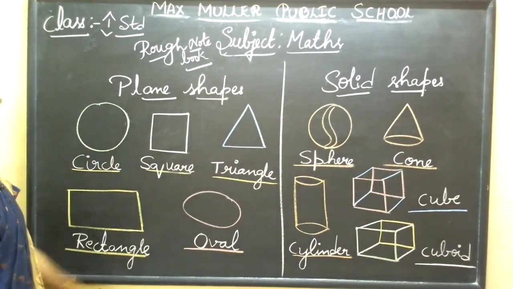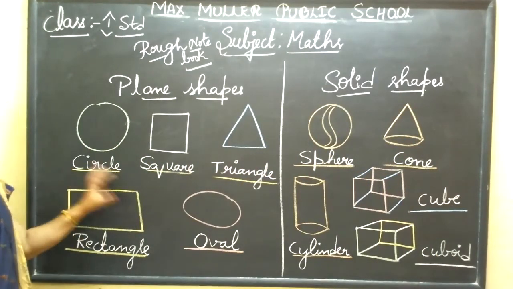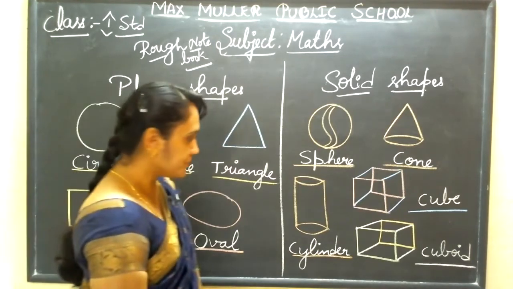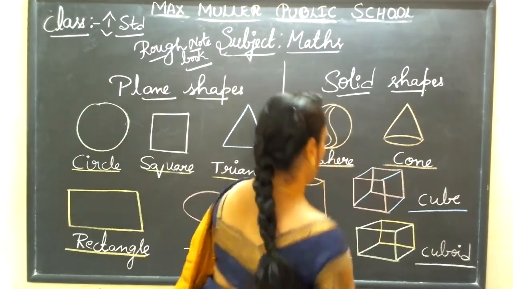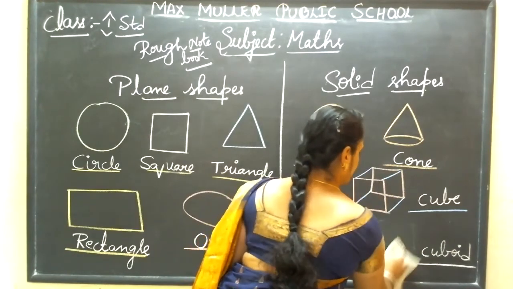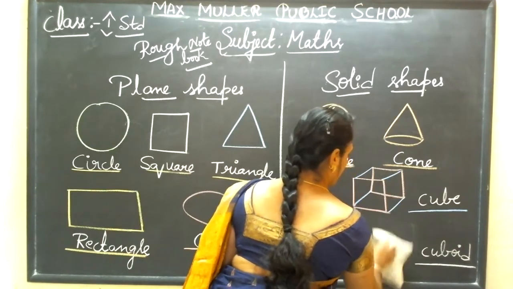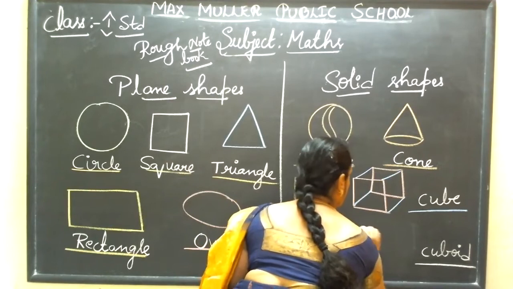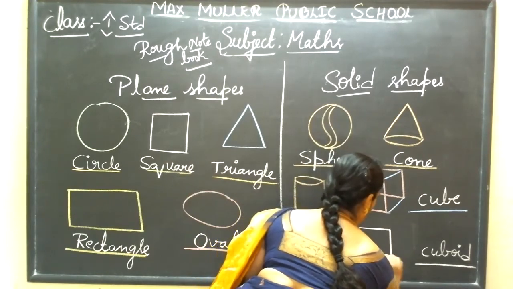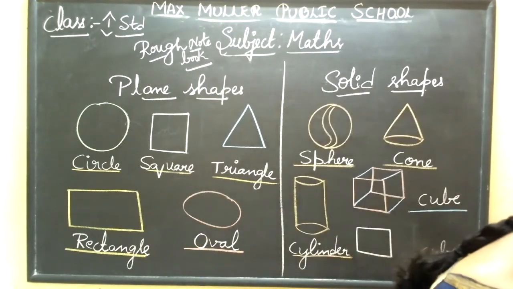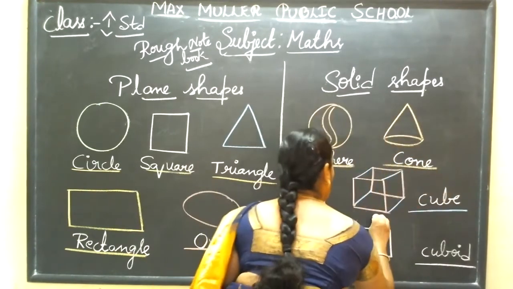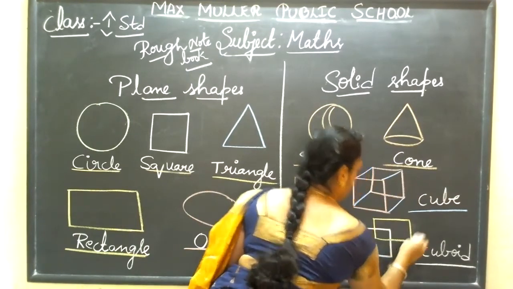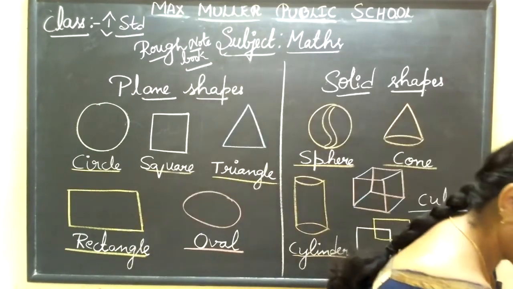Okay. This much you practice in your rough note. Both the shapes, plane shapes and solid shapes, neatly. Understand? Rectangle, don't mix up, okay?